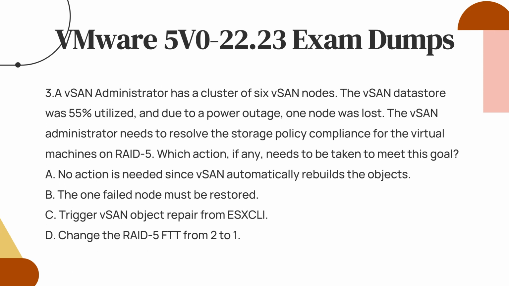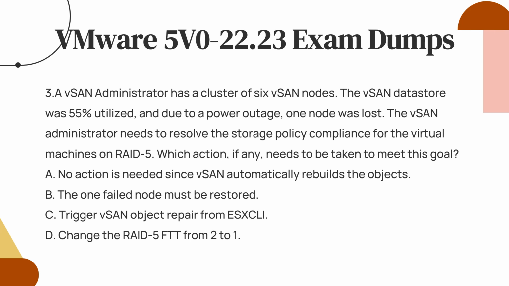3. A vSAN administrator has a cluster of 6 vSAN nodes. The vSAN data store was 55% utilized, and due to a power outage, one node was lost. The vSAN administrator needs to resolve the storage policy compliance for the virtual machines on RAID 5. Which action, if any, needs to be taken to meet this goal?